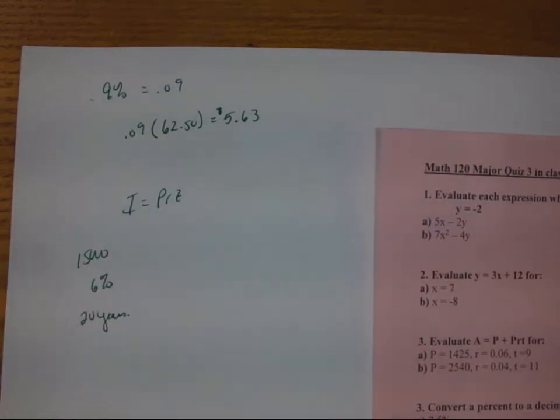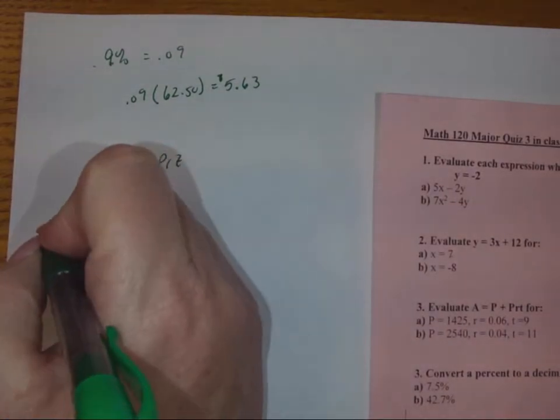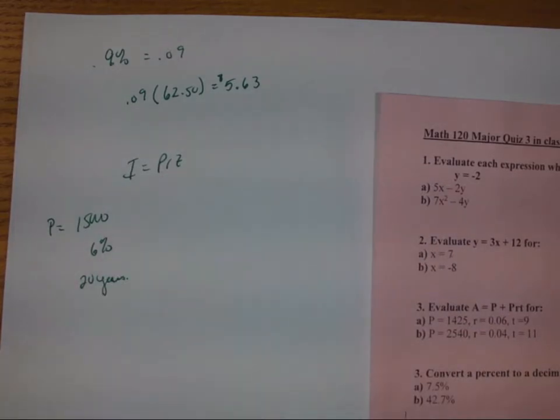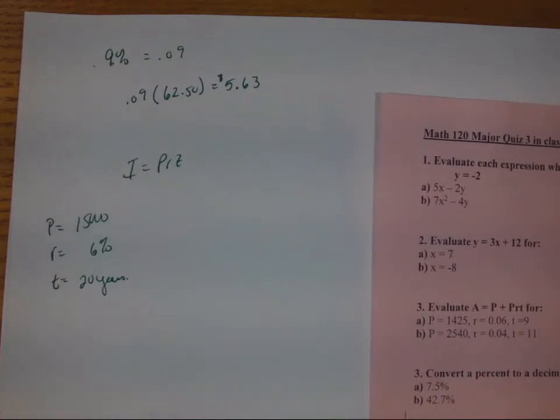So we've got to know what all of those parts mean. Well, the 15,000 is the amount we deposited, so that's going to be our principal, which is P. The 6% is the rate, and 20 years is going to be the time, which is T. And T always has to be in years.